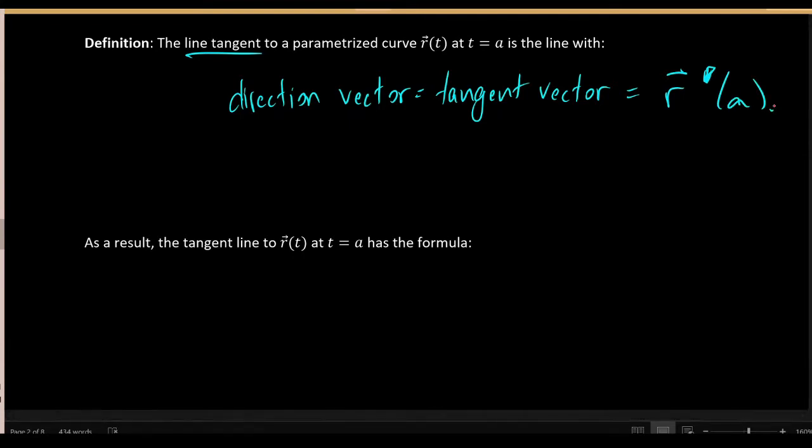Now, in order for a line to be tangent to a curve, it has to be attached to the curve. They have to share a point in common.